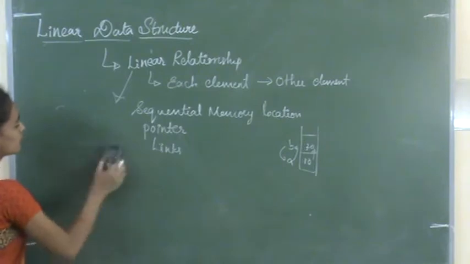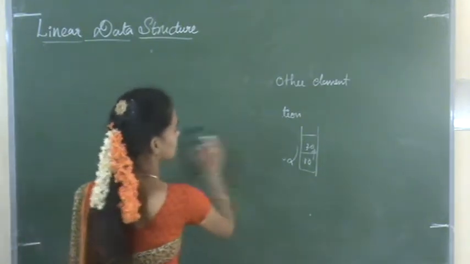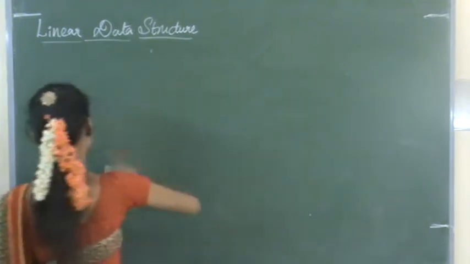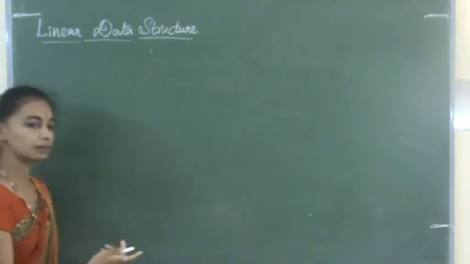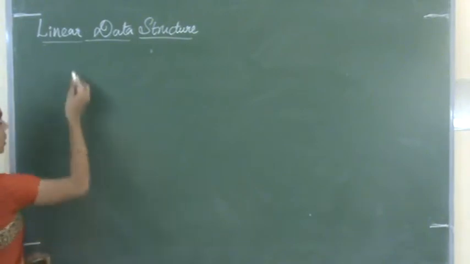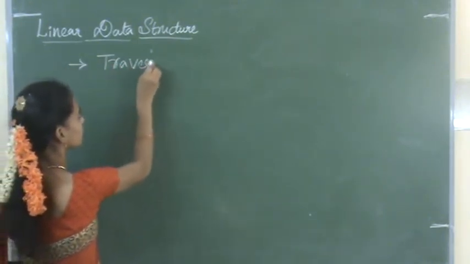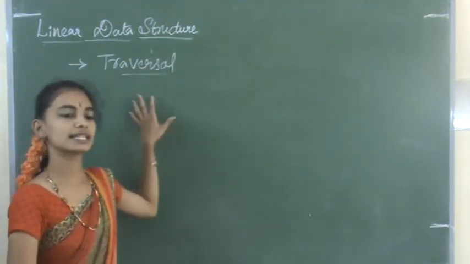Now we study the operations performed on this linear data structure. We know that the one-dimensional array performs some basic operations, so those basic operations will be performed by the linear data structure also. The first operation is traversal.